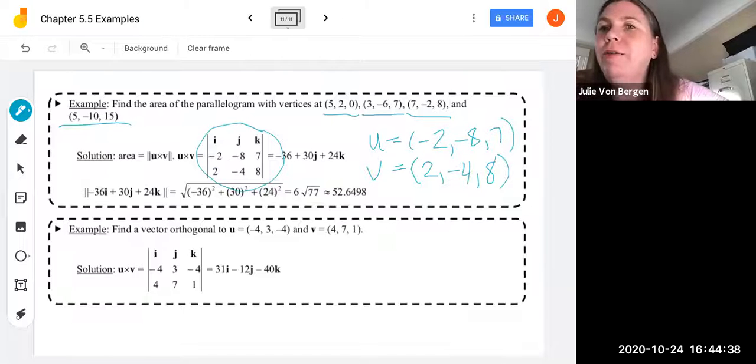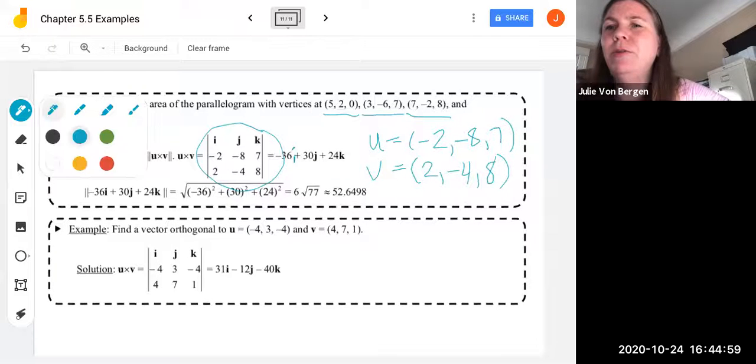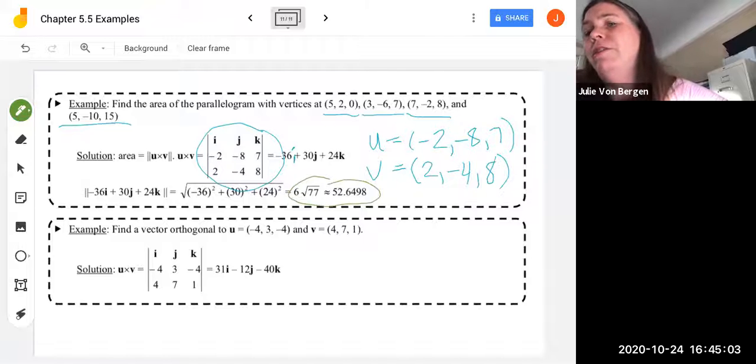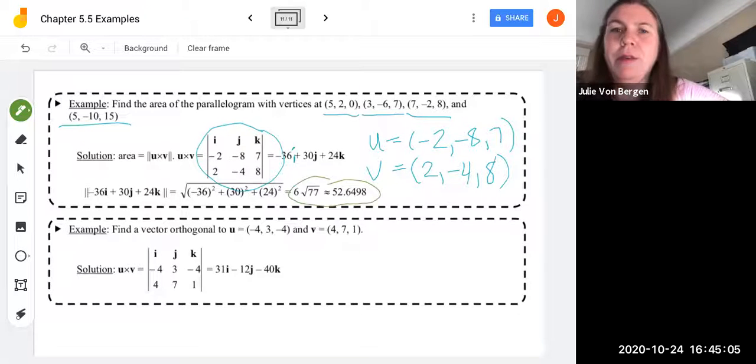And so we get the determinant, which works out to be -36i plus 30j plus 24k. And so then the norm of this is going to be -36 squared plus 30 squared plus 24 squared, all added together and square rooted. So that works out to be 6 multiplied by the square root of 77, or about 52.6498.